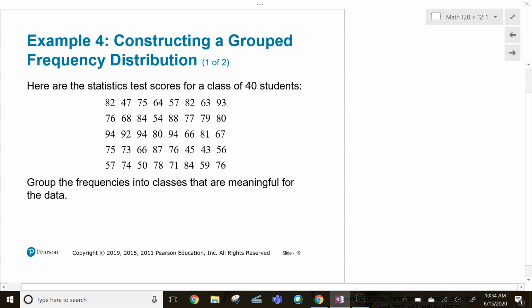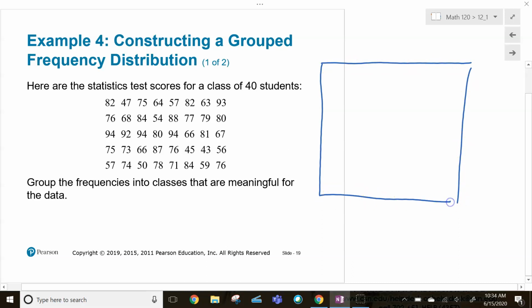All right, how about this one here? Let's do another frequency distribution. Here are the statistics test scores for a class of 40 students. Graph the frequencies into classes that are meaningful for the data. So if I was doing a frequency distribution here, let's do classes.